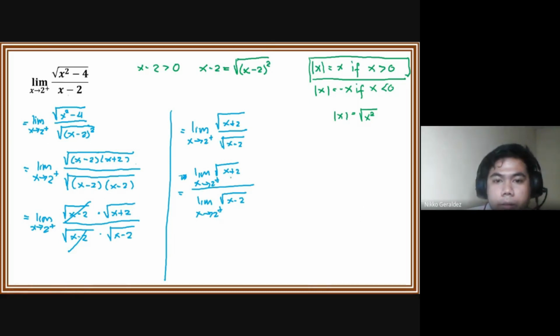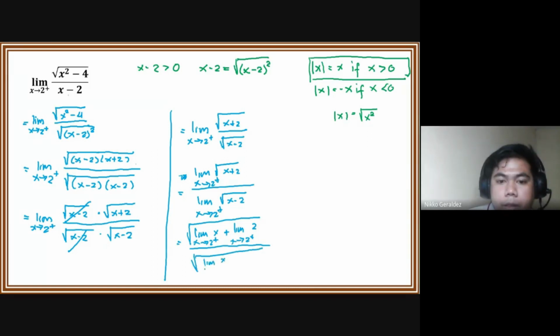So applying limit theorem, and that is square root of limit of x as x approaches 2 from the right plus limit of 2 as x approaches 2 from the right, all over square root of limit of x as x approaches 2 from the right minus limit of 2 as x approaches 2 from the right.